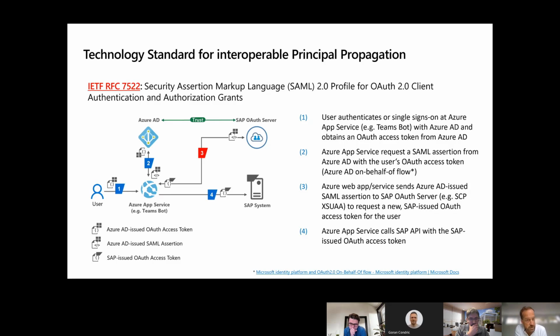SAML stands for the Security Assertion Markup Language, a quite mature and in the meantime even quite old standard, but that is widely used and adopted by many vendors, including SAP and Microsoft. That's also the glue that we use here to build such an interoperable principal propagation scenario, because that SAML assertion issued in step number 2 on this picture can be sent to an OAuth authorization server on the SAP side.